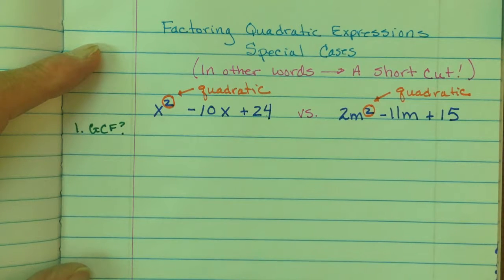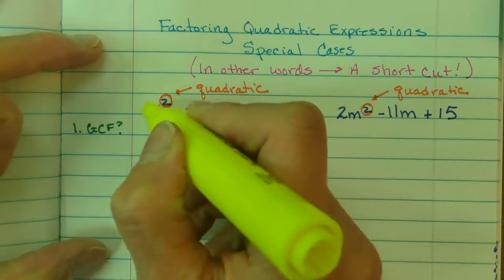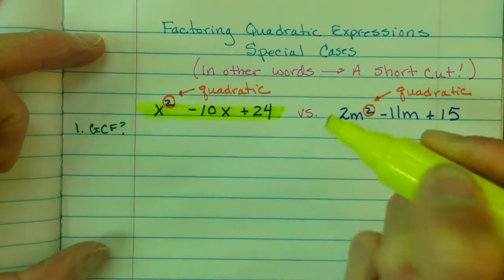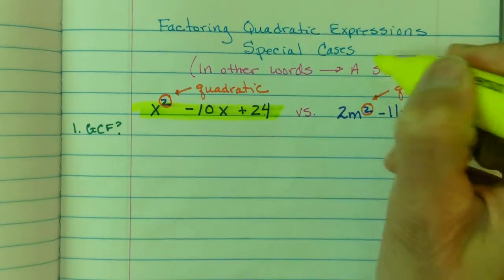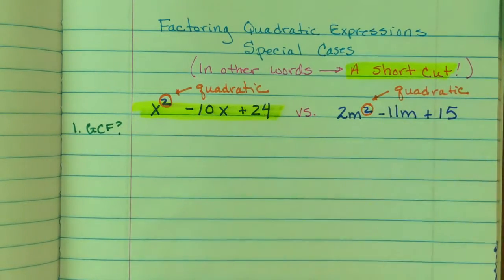But one of them we can do a shortcut with. And the one that we can do the shortcut with is our first one right here. So very, very similar in many ways, but this is the only one that we can do a shortcut with. Okay, this one we cannot, and I'm going to show you what will happen if we were to try the shortcut with that.